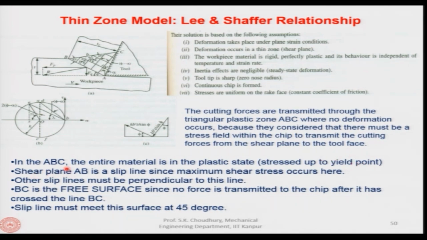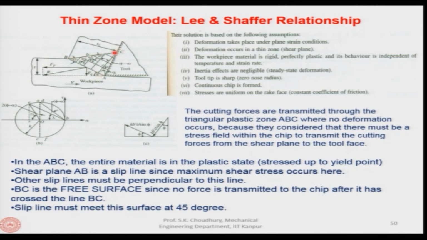The shear plane AB is a slip line since maximum shear stress occurs here. As you can see, AB is the shear plane, and we said that the maximum shear deformation occurs along the shear plane. Other slip lines must be perpendicular to this line. These lines are also slip lines, because this is maximally stressed, as we said, ABC.